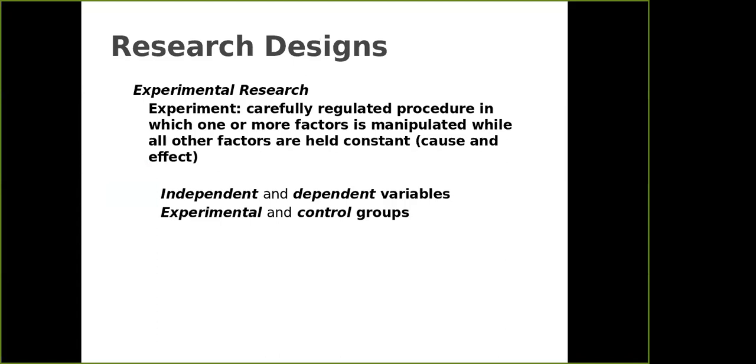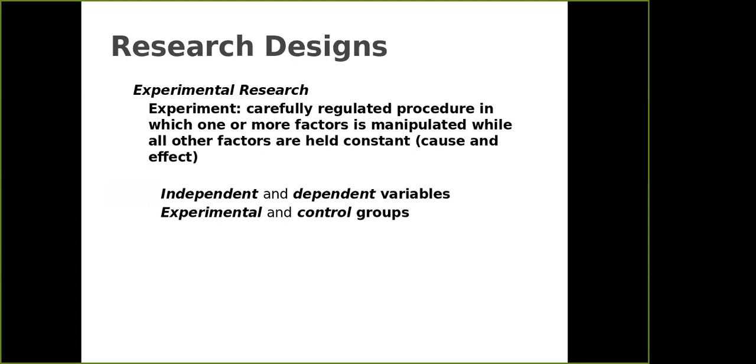And that's where the strength of experimental research comes in. In an experimental design, the researcher manipulates one of the variables. In complex experimental designs, it could be more than one variable. Everything else is held constant.